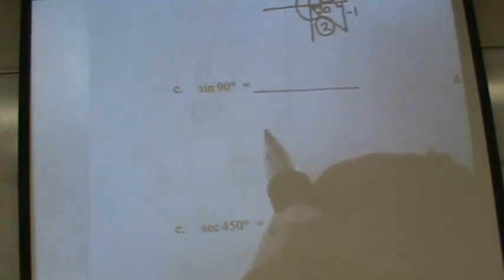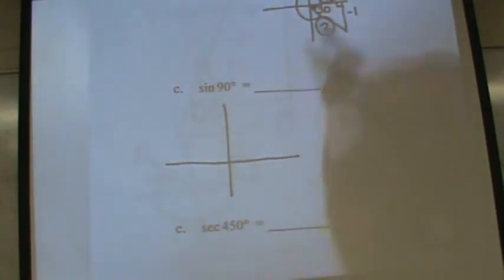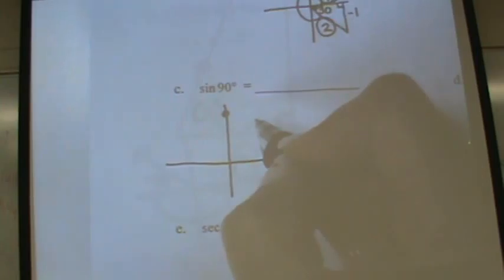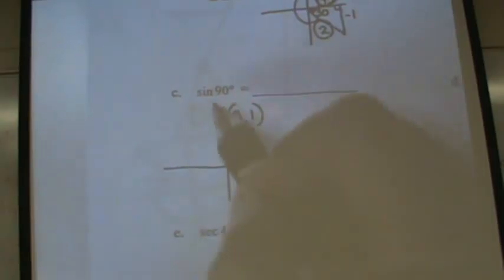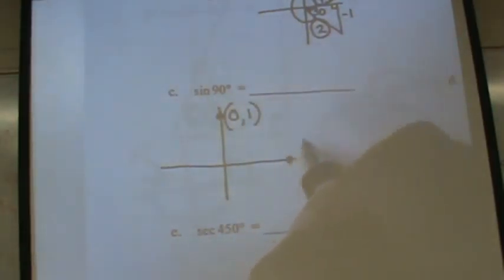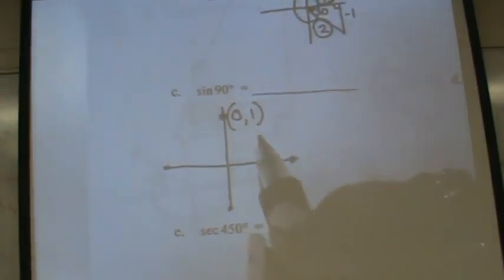Now, this next one is tricky. Where are you landing on this one? Where is 90 degrees? Right here. What's the name of this ordered pair? 0, 1. When you land on this point, or this point, or this point, or this point, you definitely need to know the definition of sine.